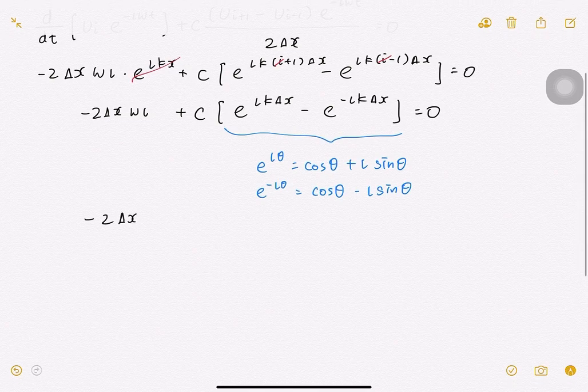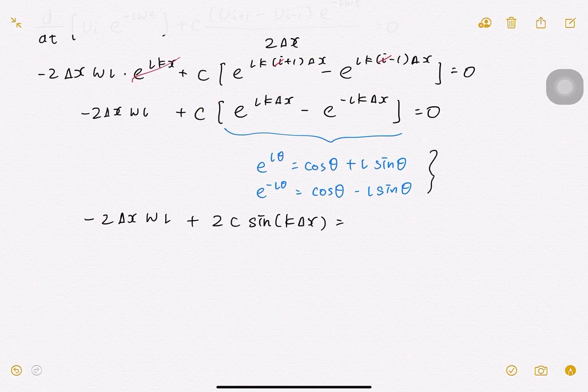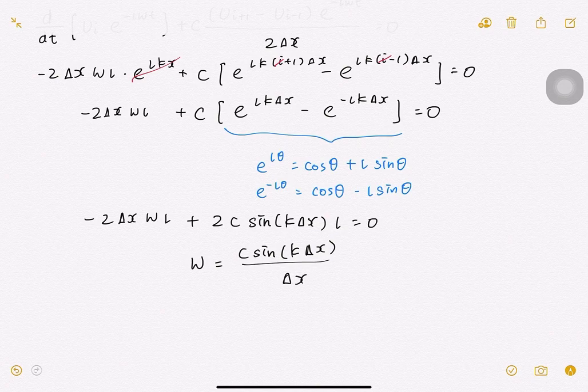Omega iota plus 2c sine k delta x, because we have used the equation here. We cross out the iota, and we get the dispersion relation for the discrete version, for the discrete solution.